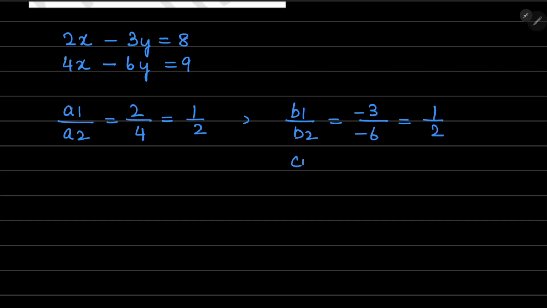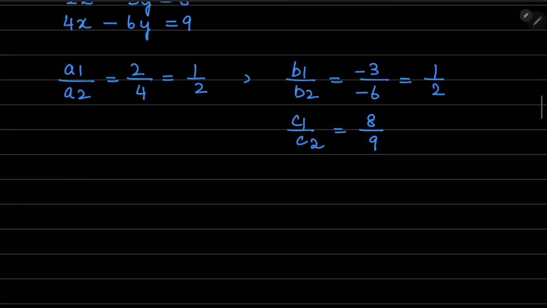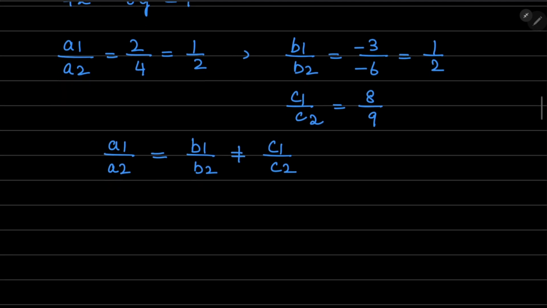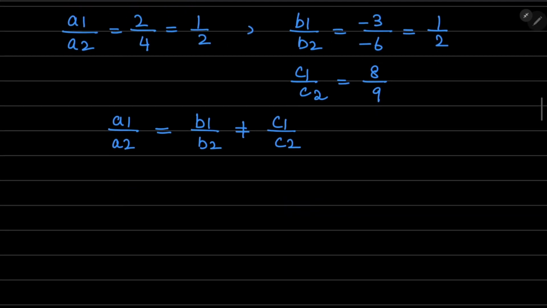And what will be your c1 by c2? It will be 8 by 9, or minus 8 by minus 9 if you take 8 and 9 to the LHS. So I will write it as 8 by 9. Now what do you observe? You will observe that here A1 by A2 is equal to B1 by B2, but this is not equal to C1 by C2, which you have found out with the ratios.